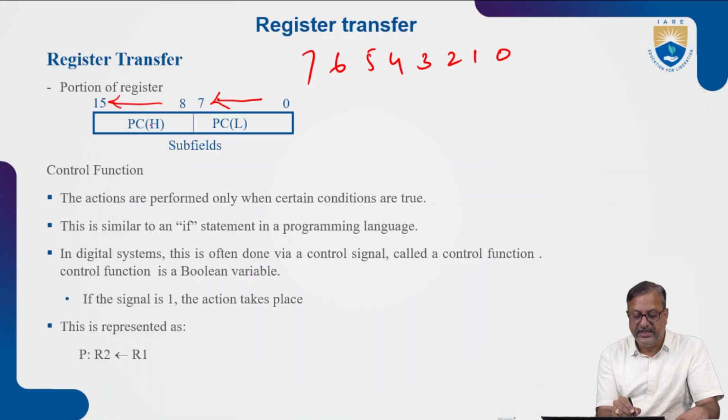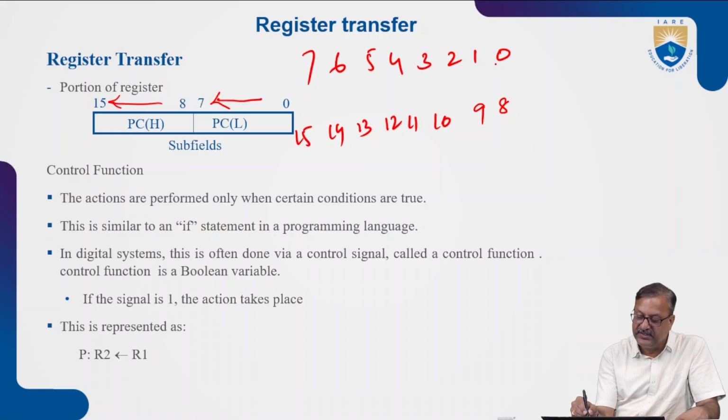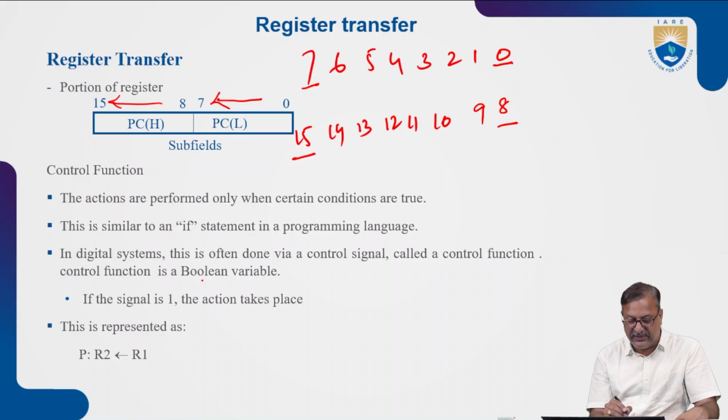Same way, if you take 8 to 15, 8, 9, 10, 11, 12, 13, 14, 15, these are another 8 bits. In 0 to 7, this is the least significant bit of the byte, and this is the most significant bit of the byte. Next, this is the least significant byte and this is the most significant byte.